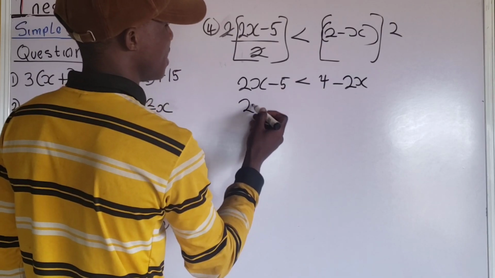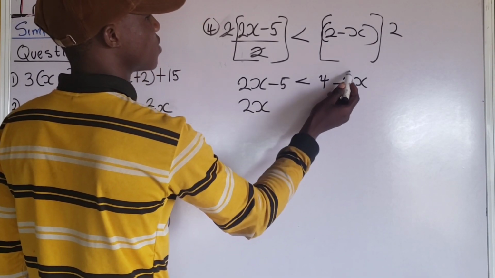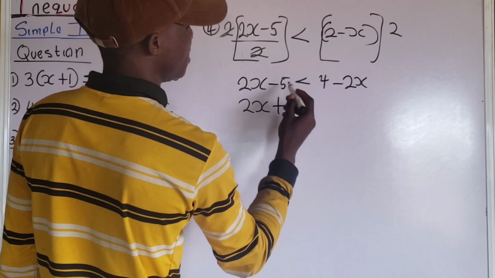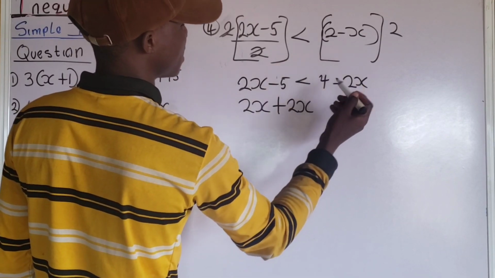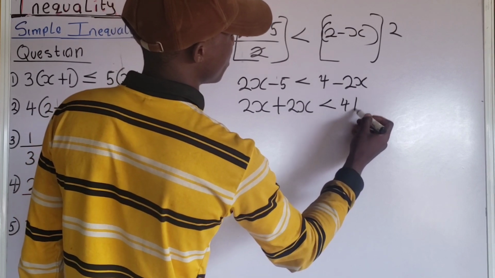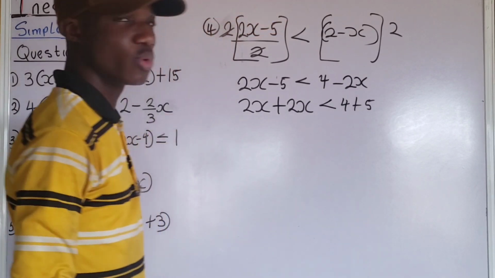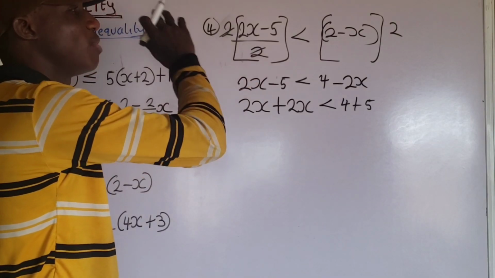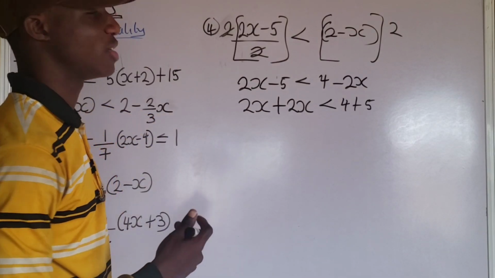Okay, so if this negative 2x crosses the equals to sign, it's going to change to positive. So I'm going to have plus 2x. If this negative 5 crosses the equals to sign, it's going to change to positive. So I'm going to have less than 4 plus 5. Do you know what I did? In order to eliminate these two, I multiplied both sides of the inequality by 2.